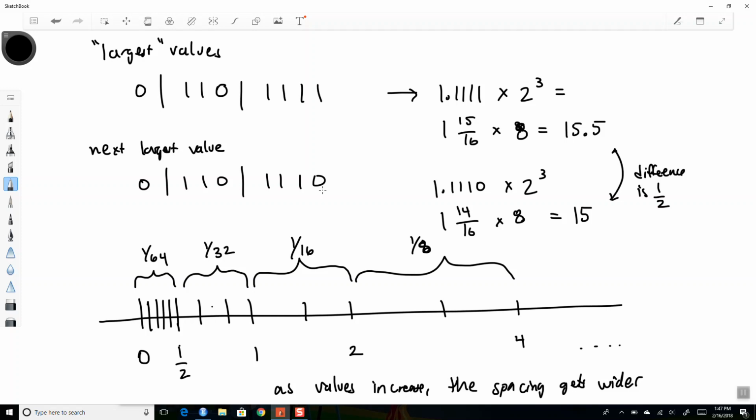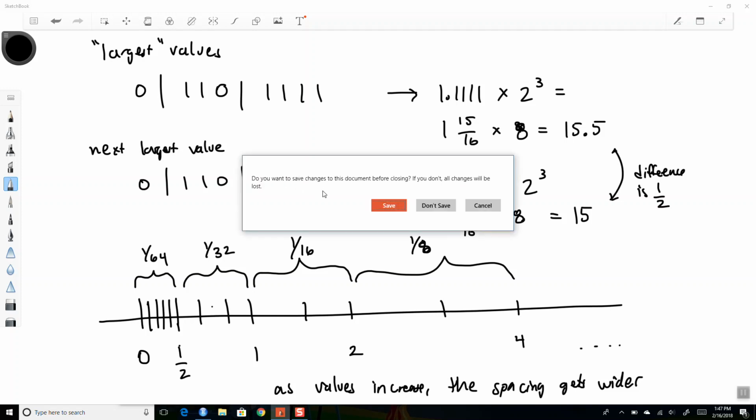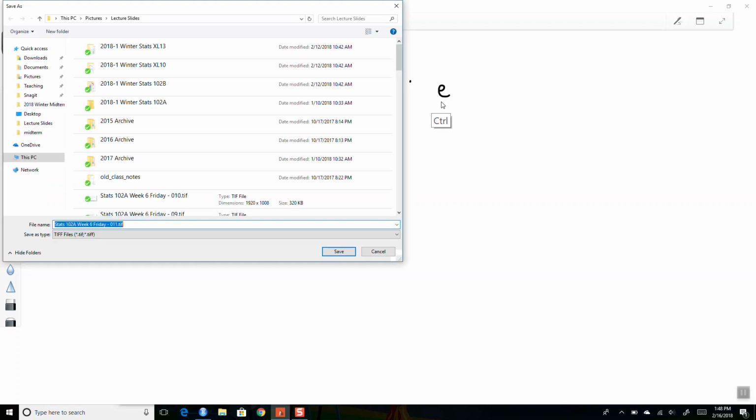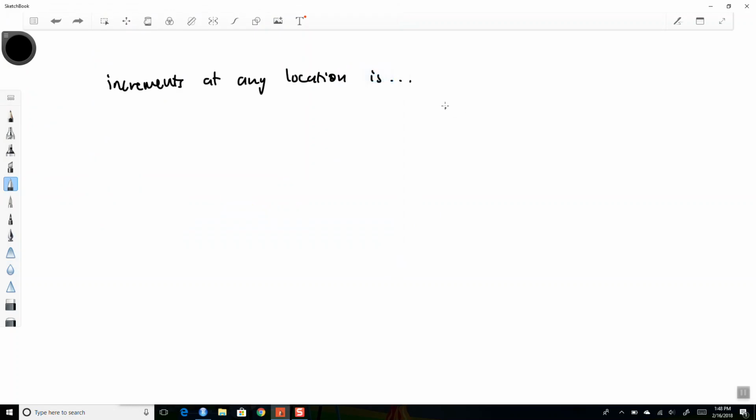So we have basically our increments at any location, which is basically 2 to the exponent times, okay, and in this case, because I have 4 bits, 2 to the -4.